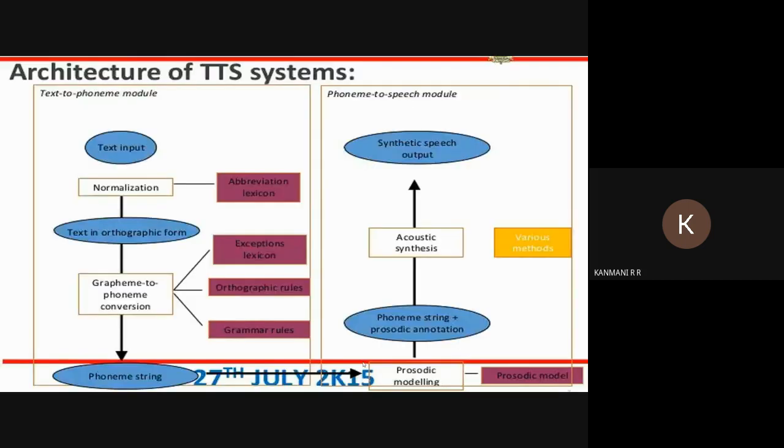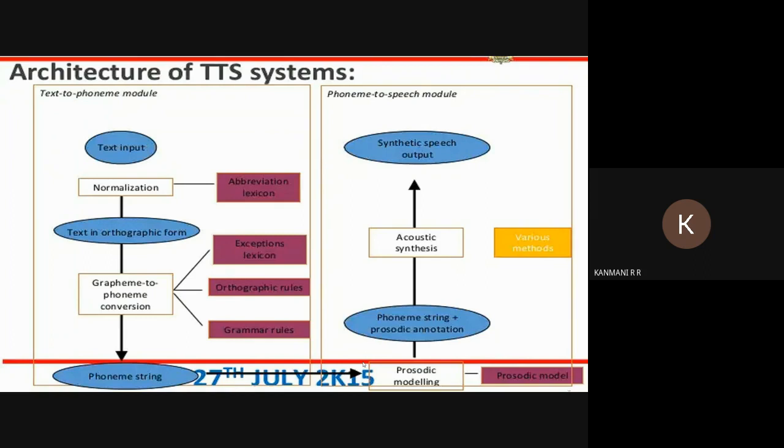So this is the architecture of the TTS system. First, let me start with the text to phoneme module. The text input goes into normalization. Then the text in orthographic form is converted by grapheme to phoneme conversion, which consists of levels of grammar rules and orthographic rules.